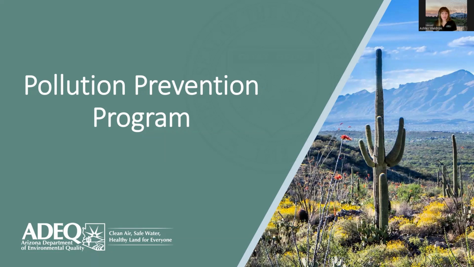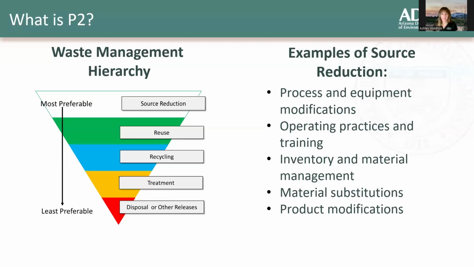But if those thresholds are met, facilities are required to perform a P2 analysis and file a P2 plan, which just helps businesses pinpoint the root cause of waste generation and create measurable goals to reduce their use. We do encourage voluntary P2 plans, so if anyone is interested, please contact us for more information. We will share our email with you at the end of this presentation.